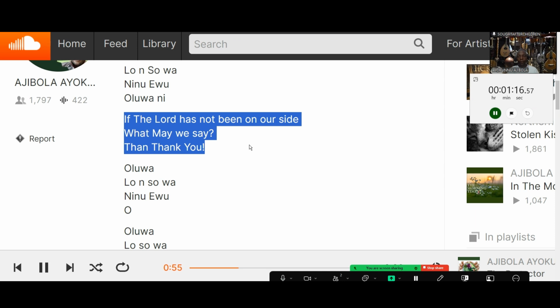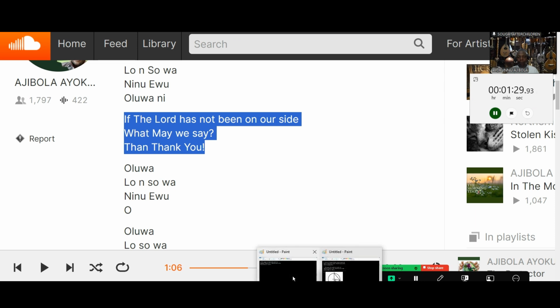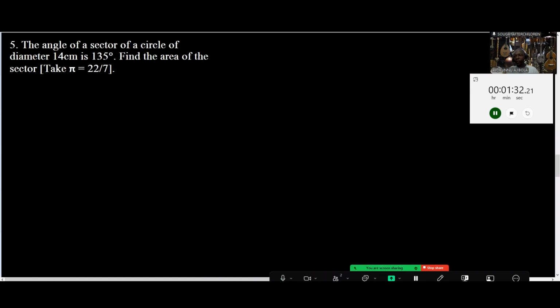Hold on. Okay. So somebody got 57.75. That is centimeter square. Moses, you got 231 cm square. Any other answer?